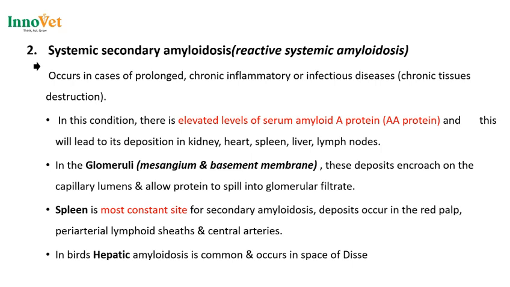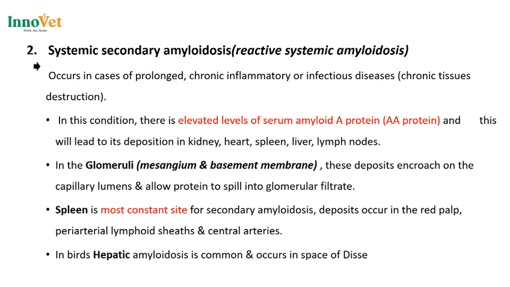Now, in the glomeruli, the depositions affect the mesangium and the basement membrane. The mesangium are specialized smooth muscle cells within the glomeruli, and their role, along with the basement membrane, is to control the size of the filtration slits, preventing macromolecules from escaping into the glomerular filtrate.